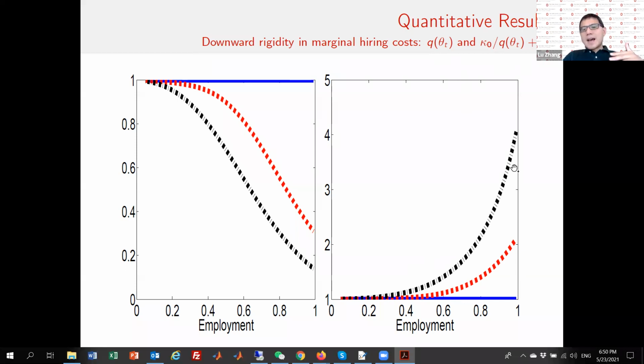And that's why in this model, economic expansions are more gradual because of the nonlinearity, whereas disasters are fast and furious. So the fact that you face downward rigidity in marginal hiring costs is a distinctive feature from the stochastic growth model.